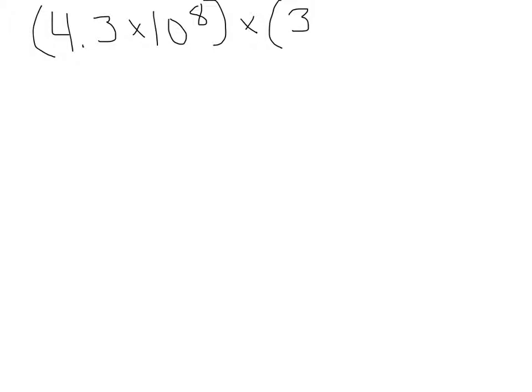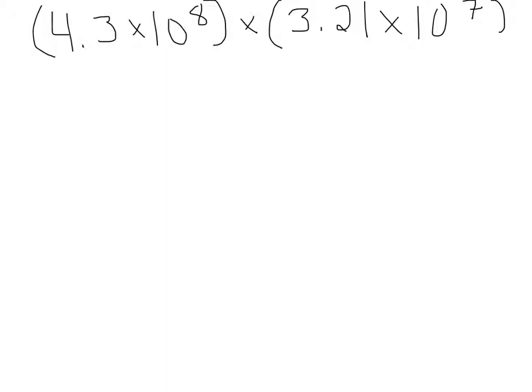So let's just do 4.3 times 10 to the 8th, and I'll put parentheses around that so I can tell that from this times, because I'm going to times that number in scientific notation by, let's see, 3.21 times 10 to the 7th. I'll put some parentheses there.